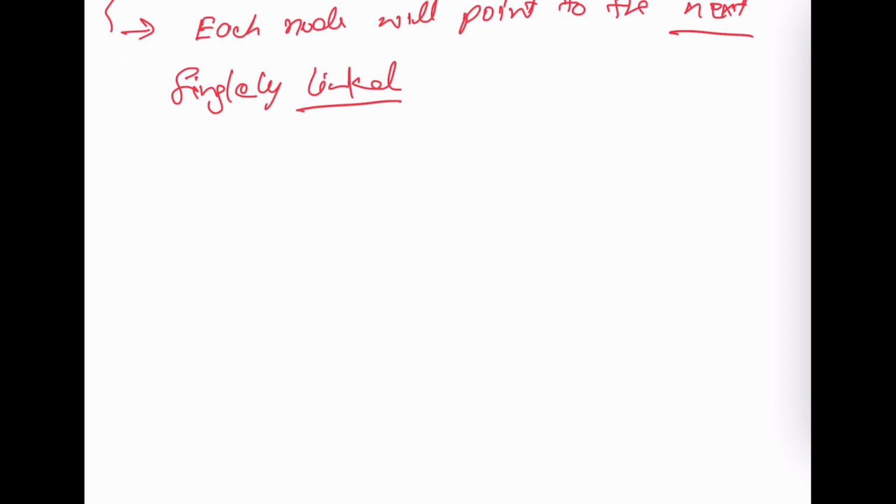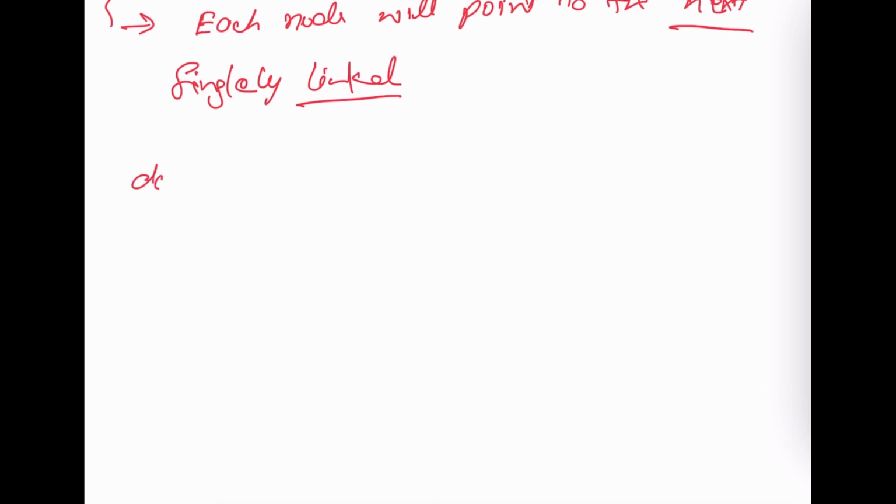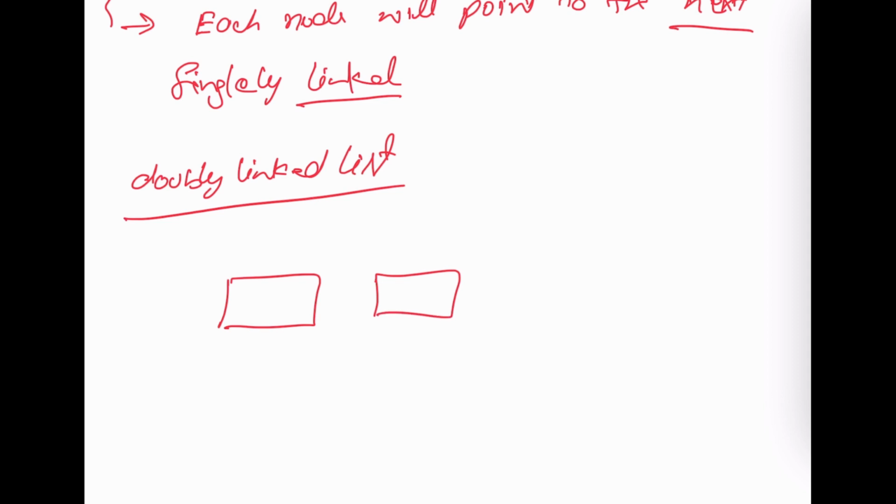The other type of linked list is called a doubly linked list, in which each node will have three parameters. One is the data, like any variable you want to store.